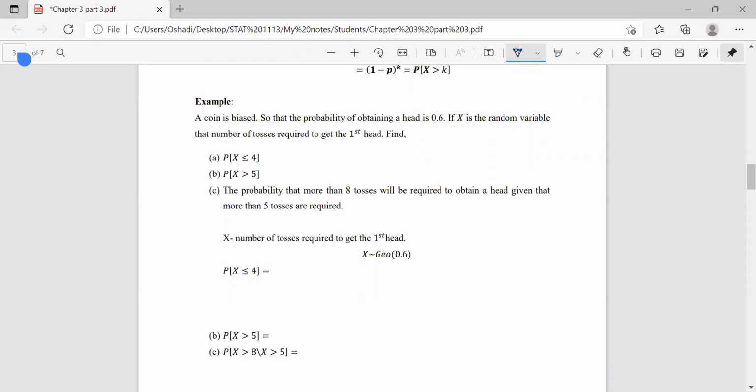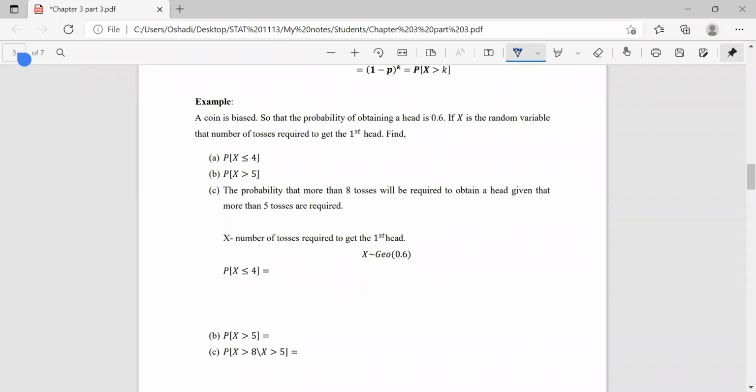Here the coin is biased. The probability of obtaining a head is not 0.5 here, it is given as 0.6. So x, the random variable, is the number of tosses required to get the first head. We can take getting a head as a success, and it's a Bernoulli trial.